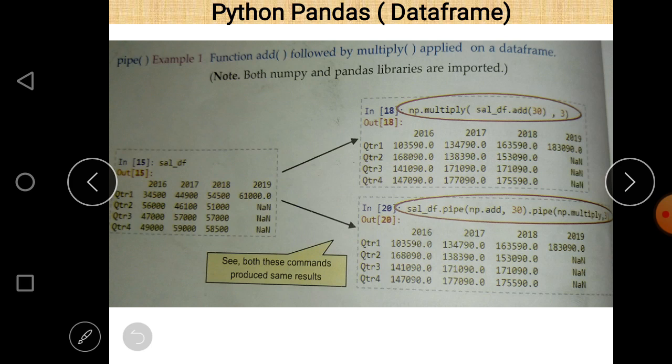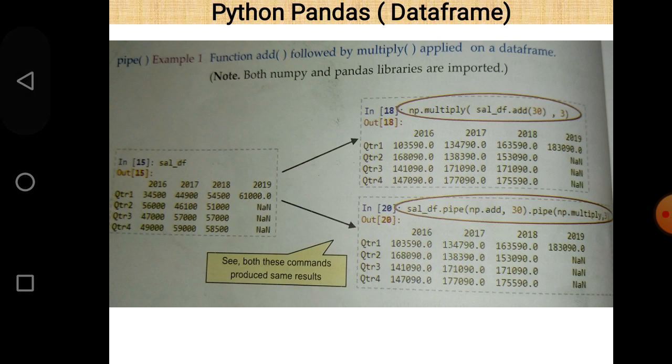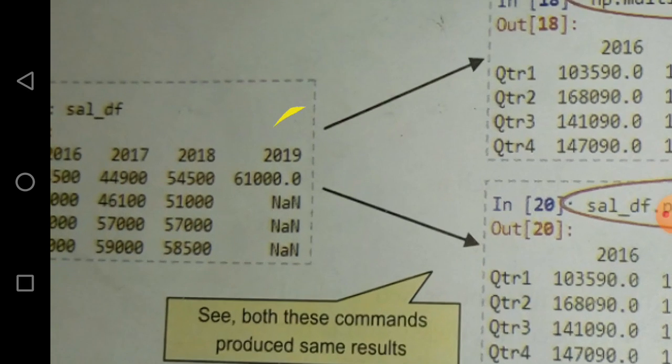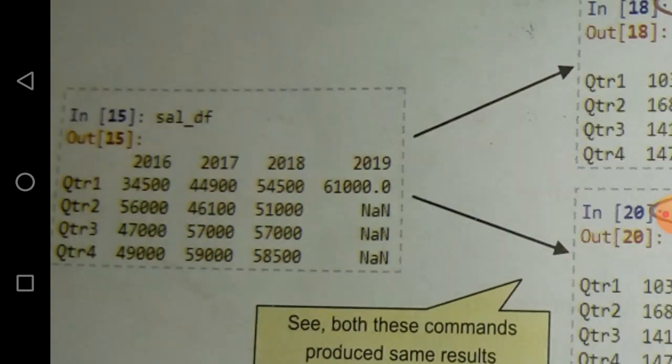Now there is another example of the pipe function. Here we take a data frame and look at the practical implementation in Python. This is our data frame, in which 2016, 2017, 2018, 2019 are the names of the columns.